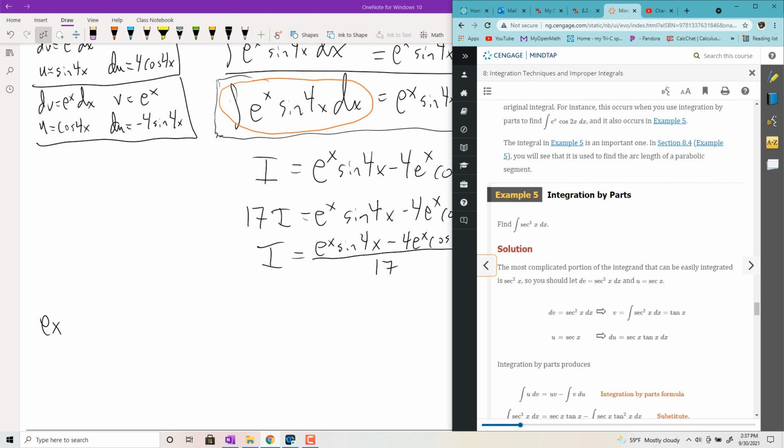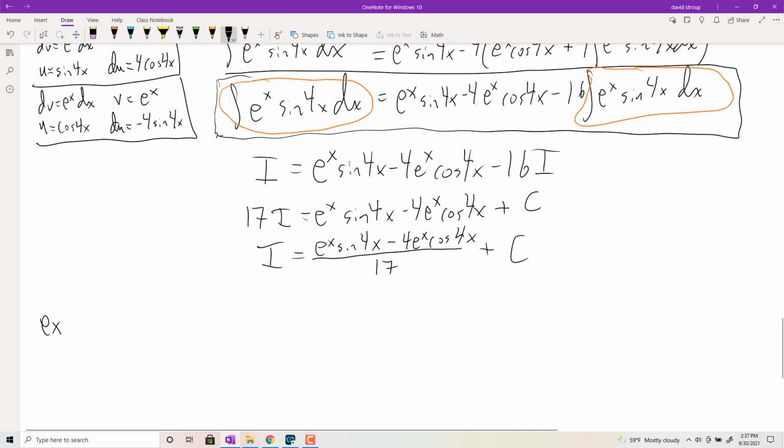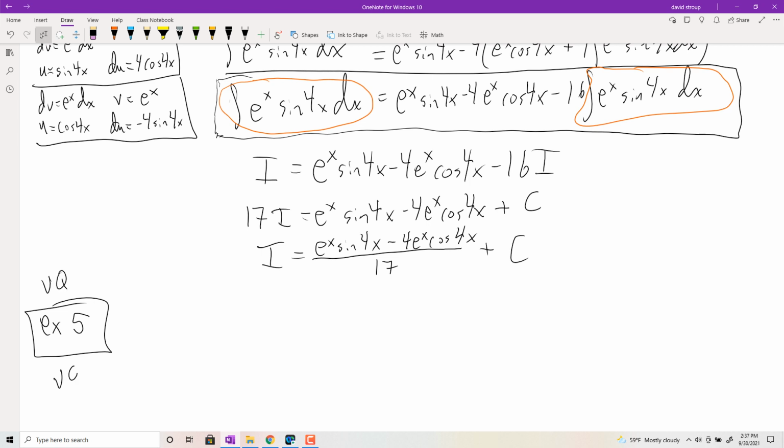Example 5. So this is the video quiz, the second video quiz in video quiz set number 4. Let me just mark it in my notes what we're doing. Example 5. Okay. Right. So we wanted the integral of secant cubed.